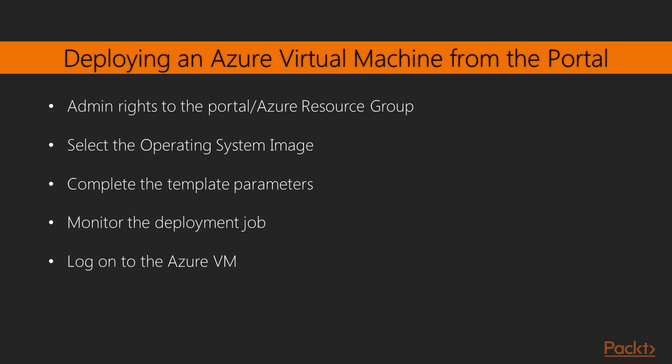Let me start by walking you through some of the requirements and key aspects of what it takes to actually deploy an Azure virtual machine. First of all, you need to have admin rights to the portal, as well as admin rights to the Azure resource group in which you want to deploy the virtual machine. As I explained in the previous video, Azure resource groups are the logical boundary for creating your Azure resources.